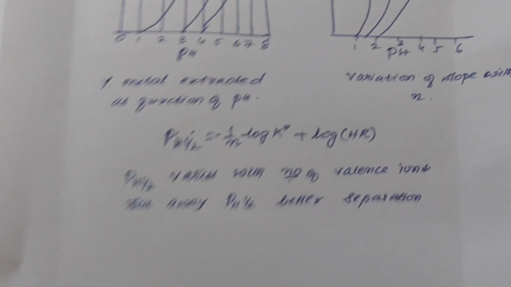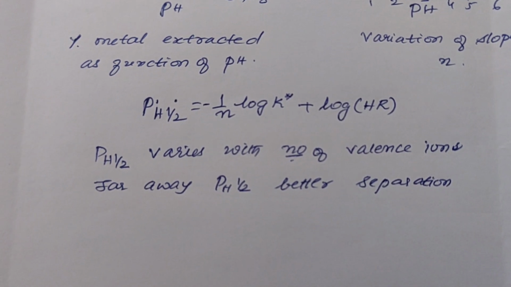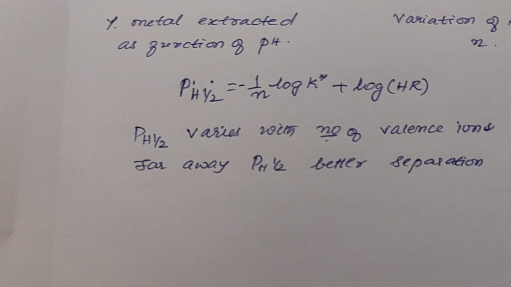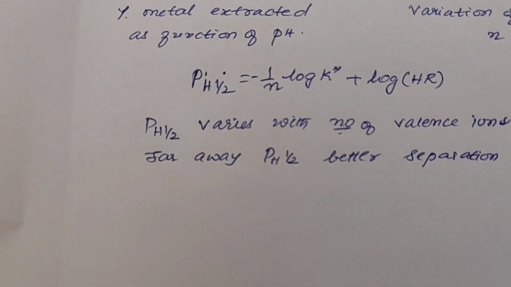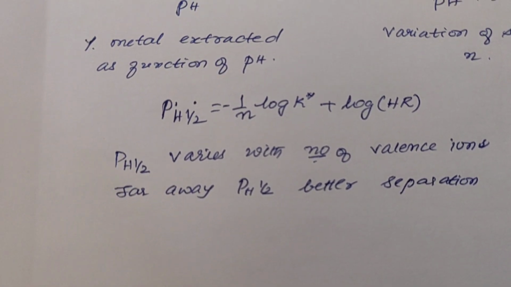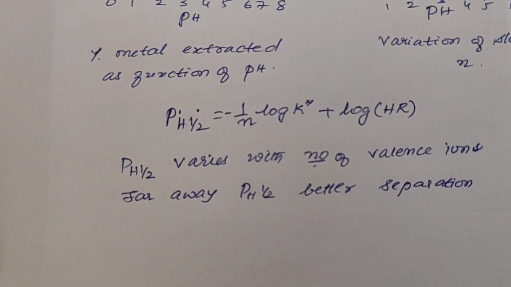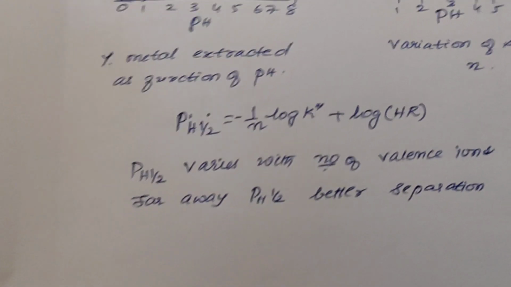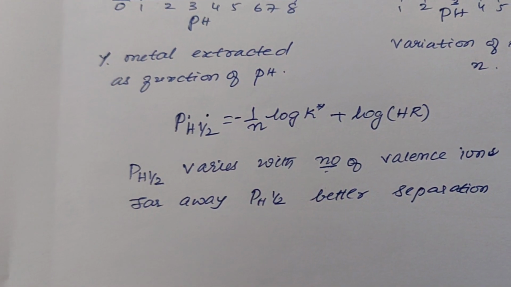Here we have to note that pH half varies with the valence of the ions, and the farther apart the pH half values, the better is the separation. Hence we can conclude that pH has a major role to play in solvent extraction. If you have similar kinds of ions, you are supposed to vary pH. And if you have different types of ions, you keep pH constant and you can extract them efficiently.